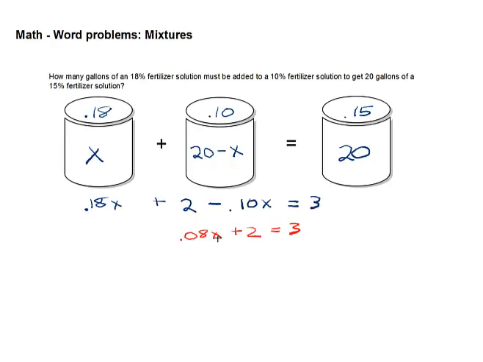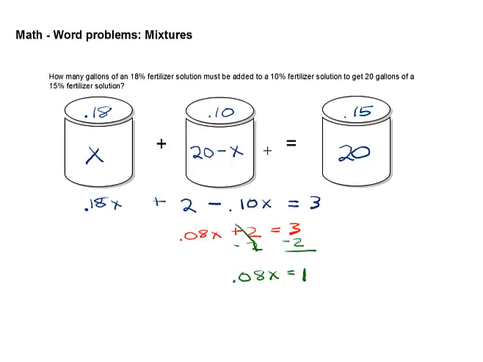And then we need to get the variable by itself. So we're going to have to move this 2. And again, to do that, we just do the opposite. So we subtract 2 from each side. And these two opposite signs, same number, they cancel. So we're left with 0.08x equals 3 minus 2, which gives us 1.